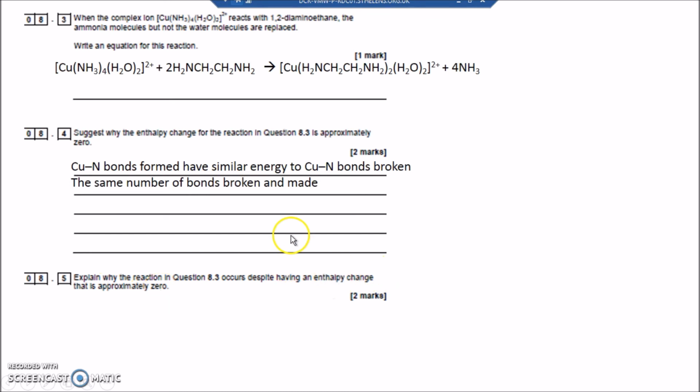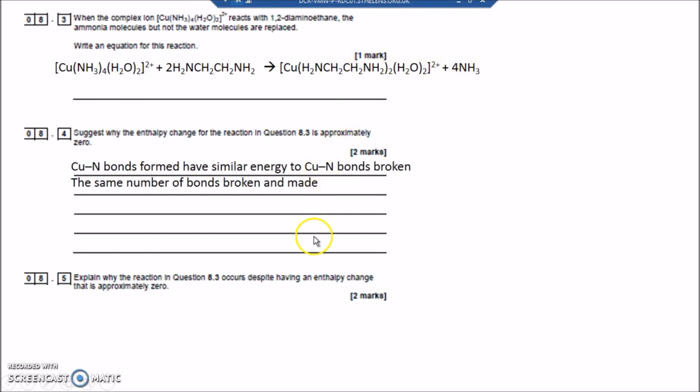So if your enthalpy change is 0, there must be something else coming into play, and that's entropy. So entropy is the measure of how much chaos is going on, really. So how chaotic, or the number of molecules. So we've got 3 molecules forming 1, 2, 3, 4, 5. So it's becoming more chaotic. So entropy is increasing.